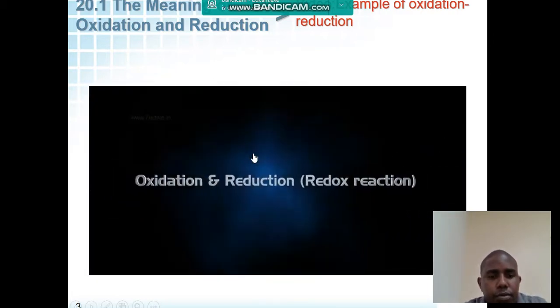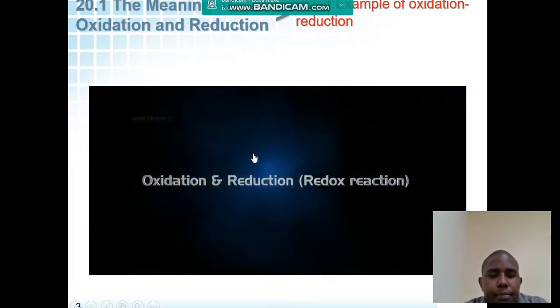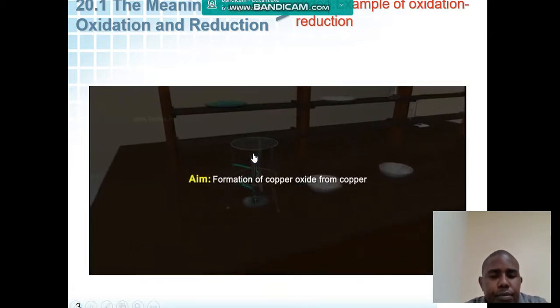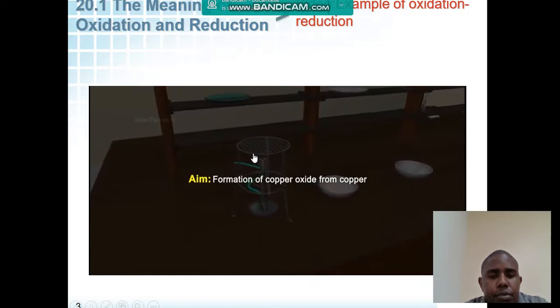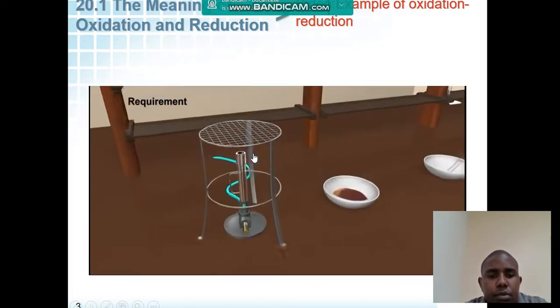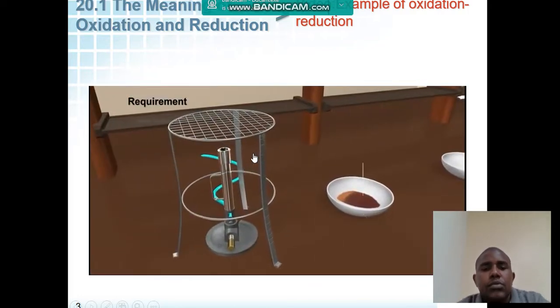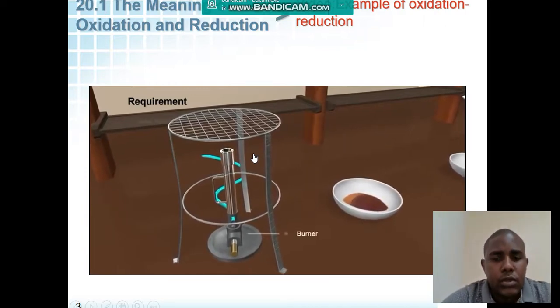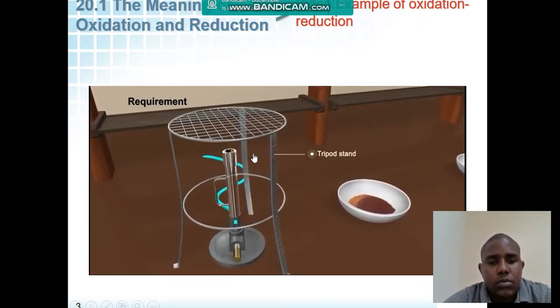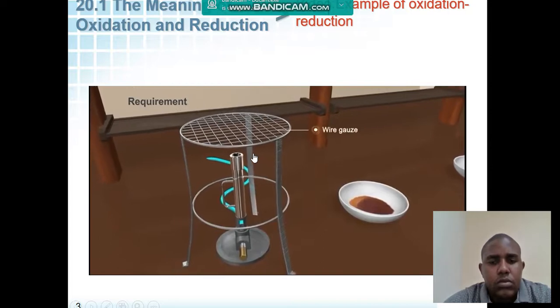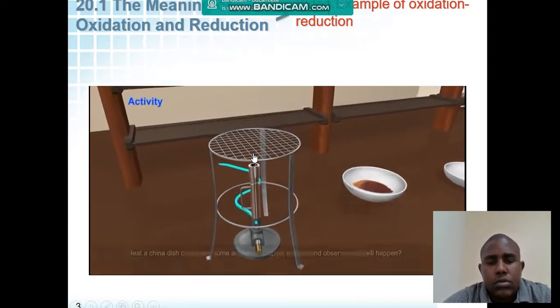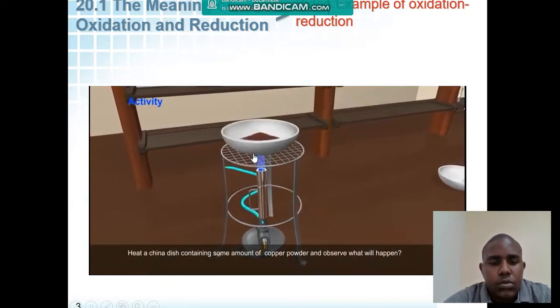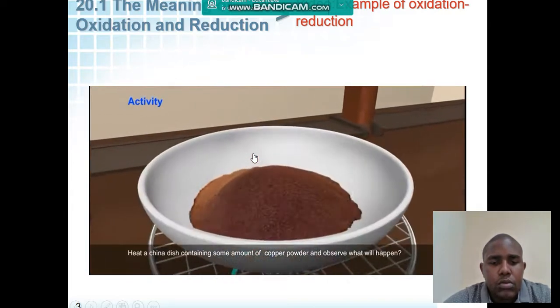Oxidation and reduction, redox reaction. Aim: formation of copper oxide from copper. Requirement: china dish, copper powder, burner, tripod stand, and wire gauze. Activity: heat a china dish containing some amount of copper powder and observe what will happen.